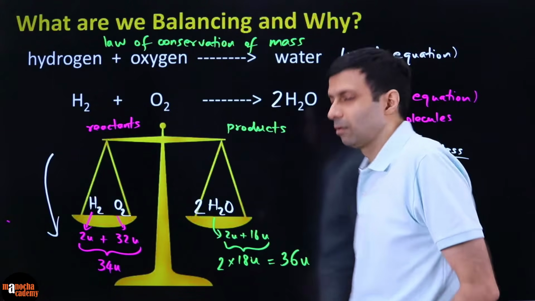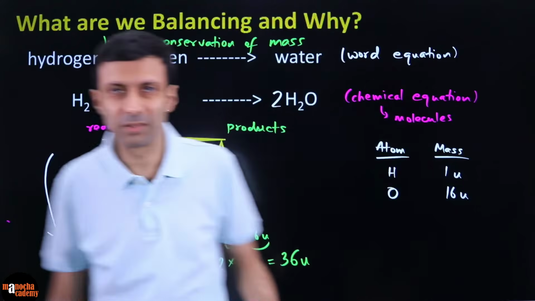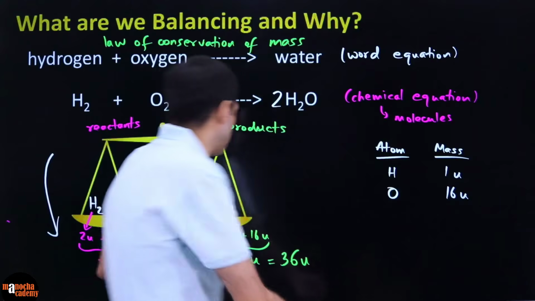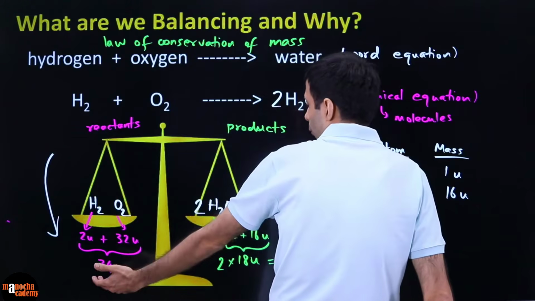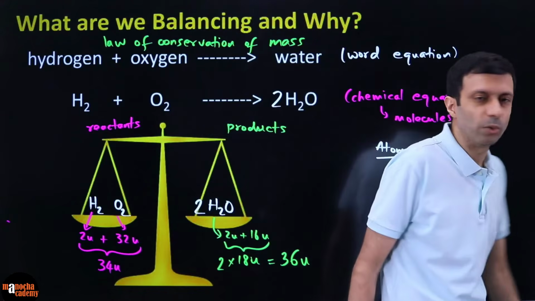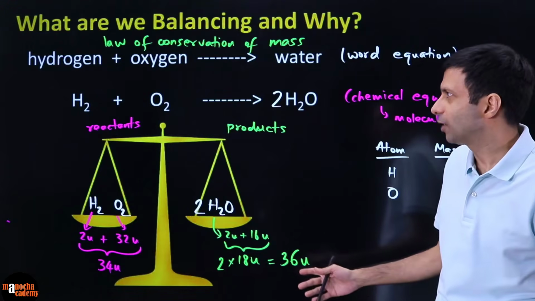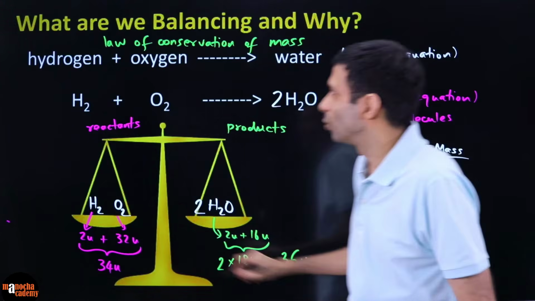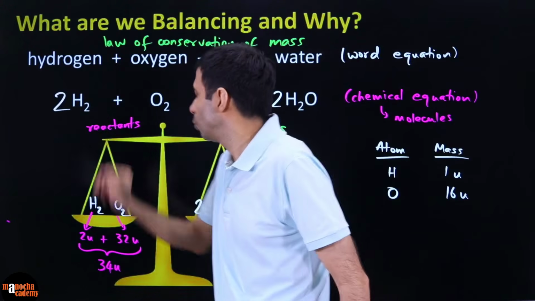Now we'll again be the vegetable guy, the fruit guy will say, oh, there's 36U too much over here, only 34U. So it's still not balanced. What will we do here now? It's still not balanced, so we'll say, okay, we are a smart vegetable guy, so to balance it, let's put 2 hydrogen.